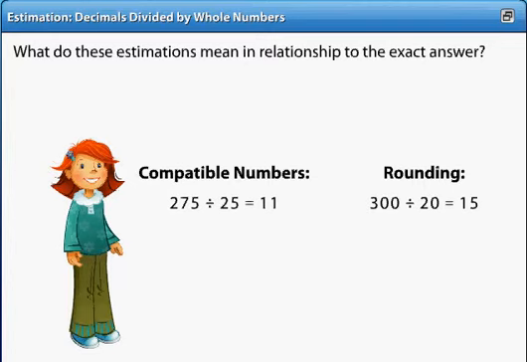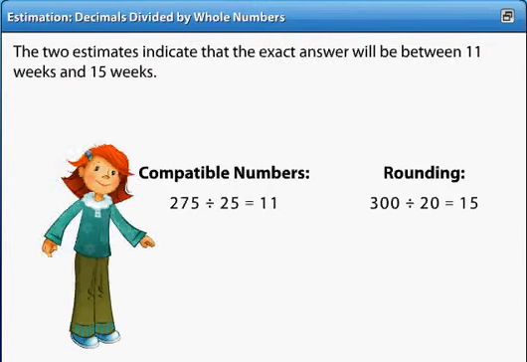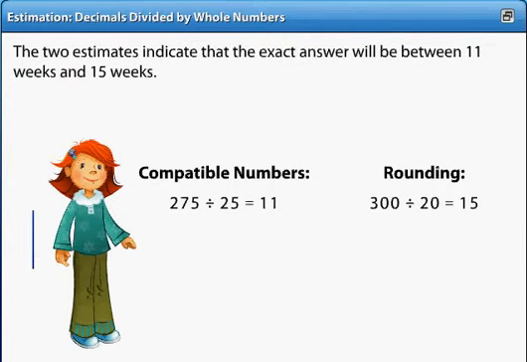This went up a full, almost 30, and this went down 3. So this was a way overestimate. This was a little bit of underestimate, so it kind of might level each other out, but I think this one's probably the better choice. Although we overestimated on both, so we'll see. The two estimates indicate that the exact answer will be between 11 weeks and 15 weeks?